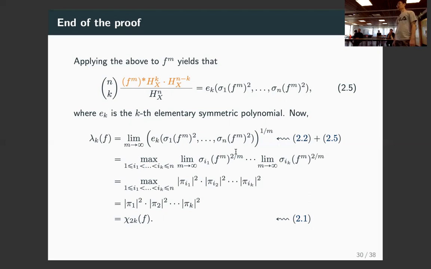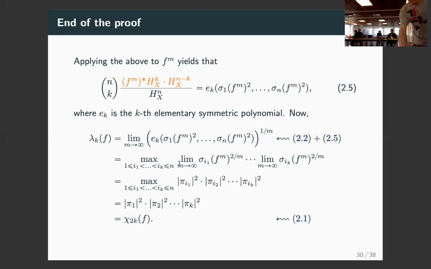I1, ..., Ik, over all possible choices of j from 1 to k. For each one, the limit of sigma I j of f to the m, to the power 1 over m, will be just the eigenvalue of f.